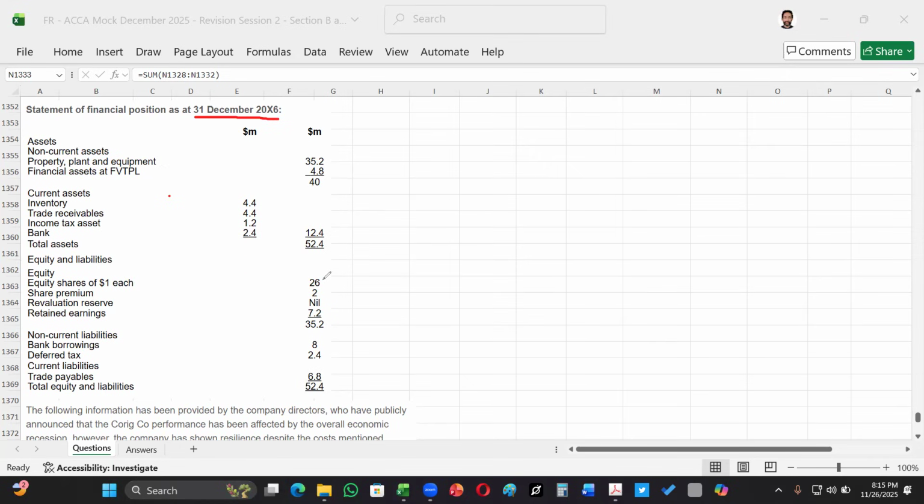We have 26 million shares, share premium. There is no revaluation reserve. There are retained earnings of 7.2 million. The non-current liabilities have the bank borrowings and the deferred tax. Then the current tax, the trade payables, and we have the total equity and liabilities.